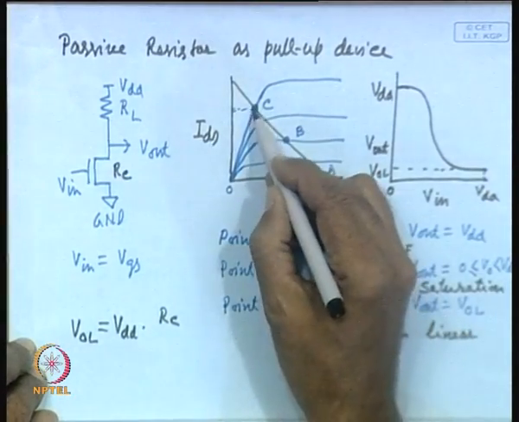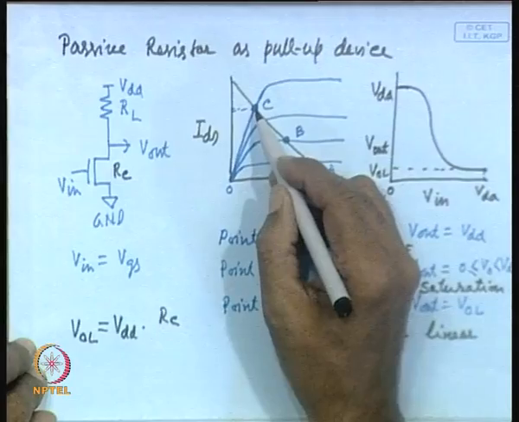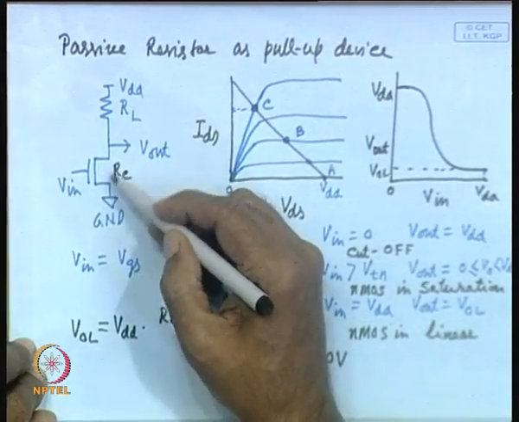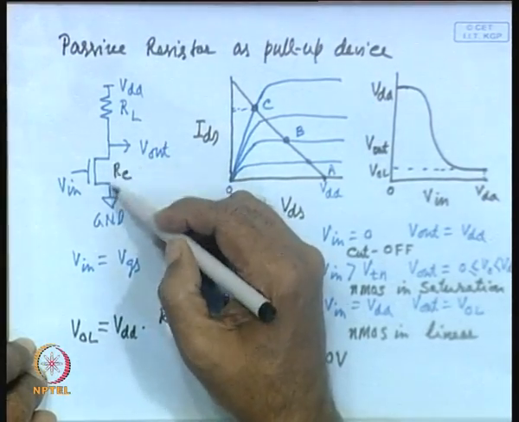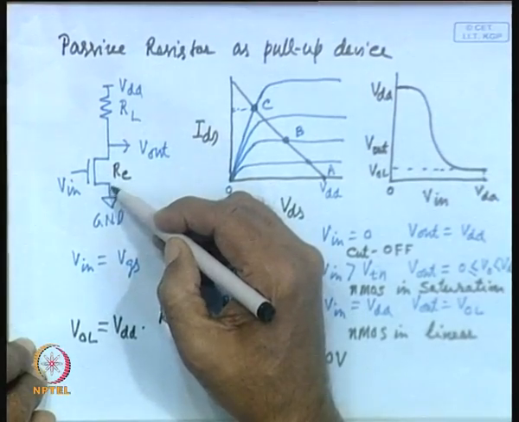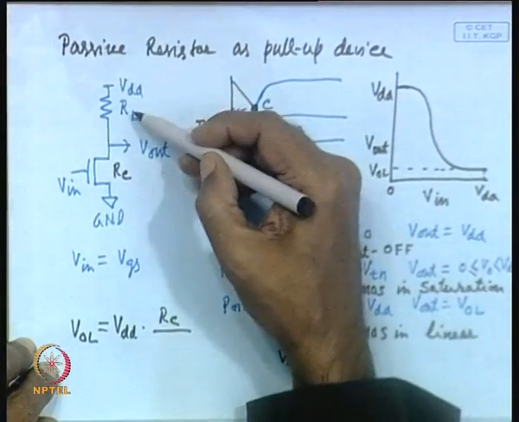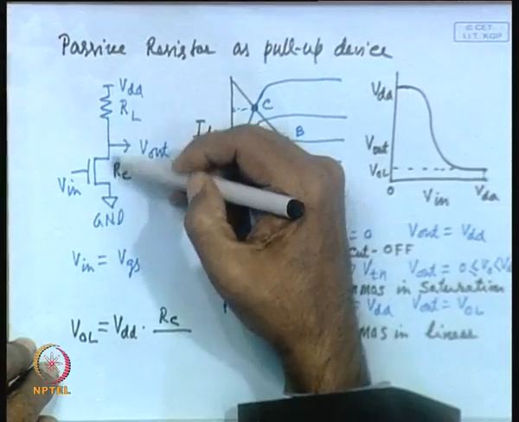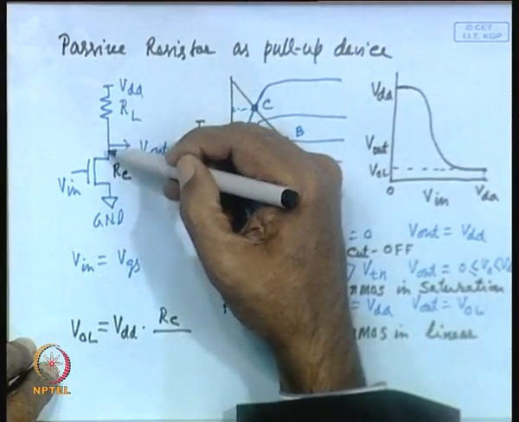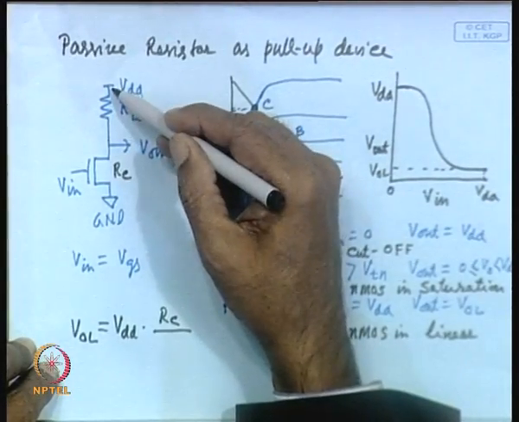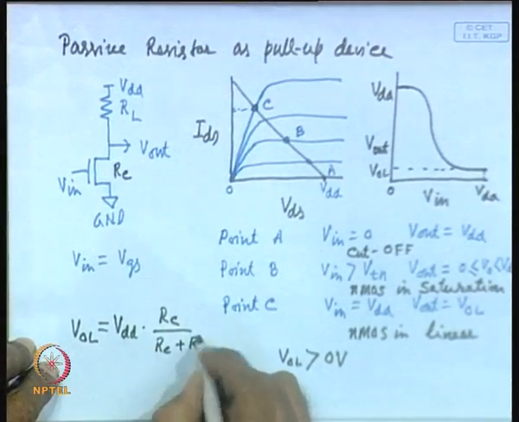When this is operating in the linear range, it will have some finite resistance, since it is a voltage controlled resistor. So, voltage will be developed across it, and that voltage is the output voltage. Here RL and RC together form a voltage divider, so they are in series. The voltage across RC is equal to VDD into RC by RC plus RL, simple Ohm's law.